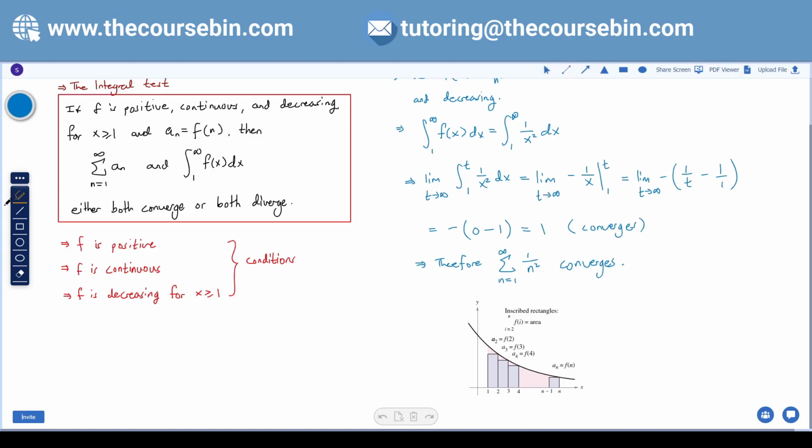Because essentially, when you convert your a sub n to a function f of x, you're converting from a discrete function, because a sub n is discrete. You only evaluate it for n equals 1, 2, 3, etc. But with f of x, it's continuous. So you can evaluate it at x equals a half, 0.2, whatever. Any value. So that's what the black line represents.